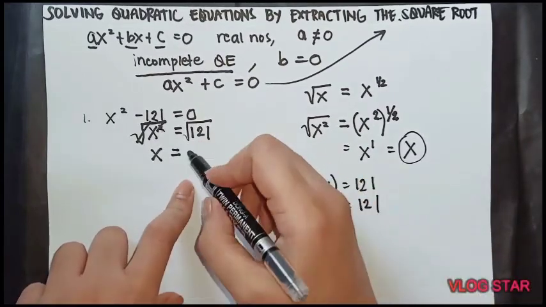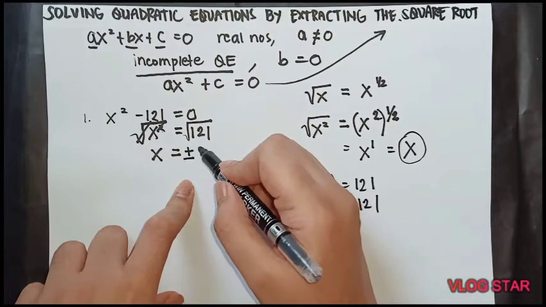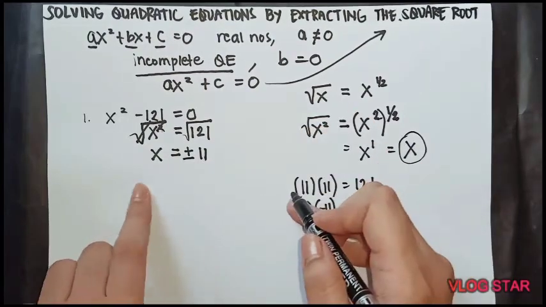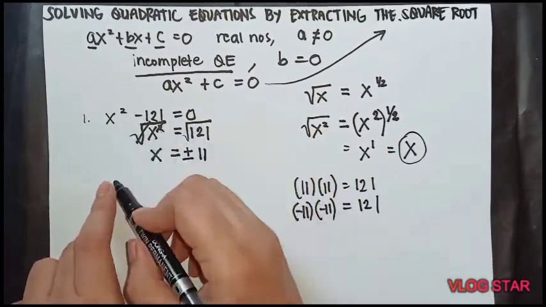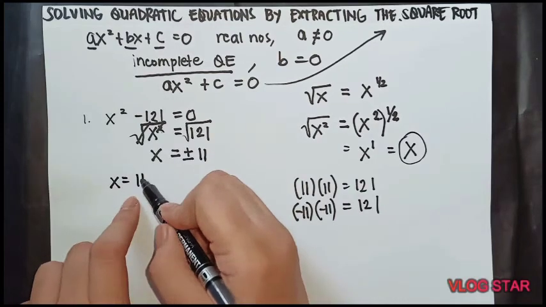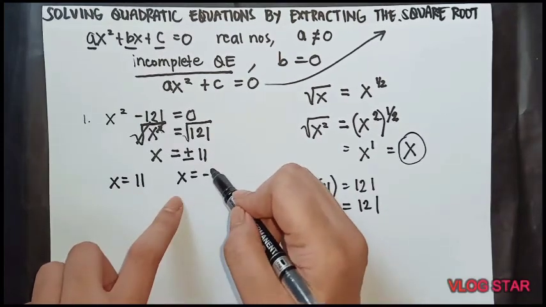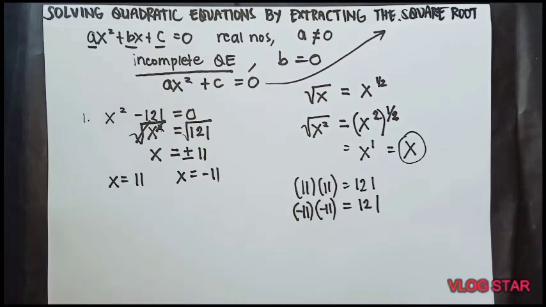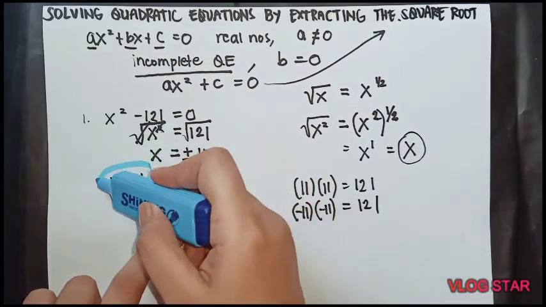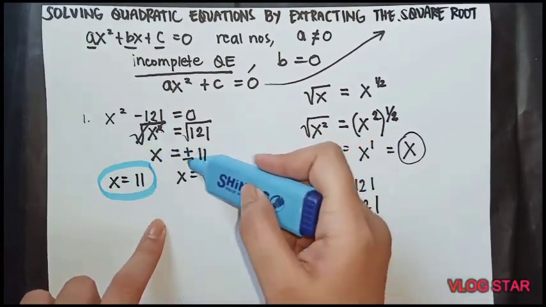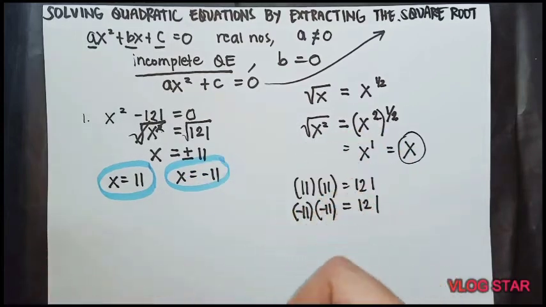Therefore, the square roots of 121 are positive and negative 11. And so the solutions to this equation are positive 11 and negative 11. The values of x for this equation are positive 11 and negative 11.